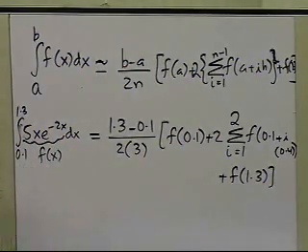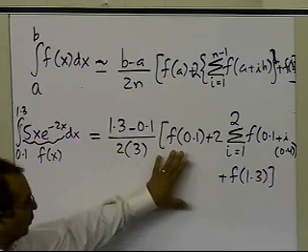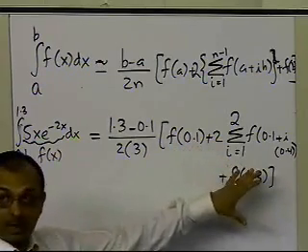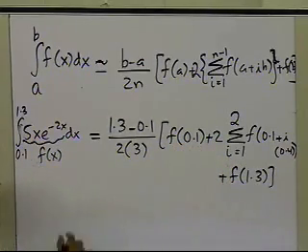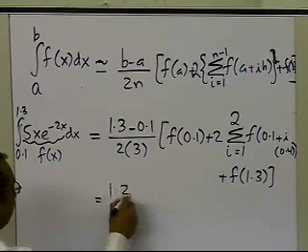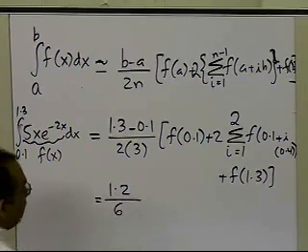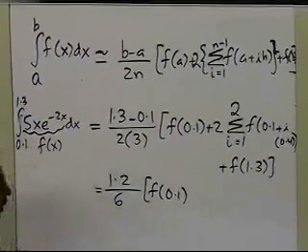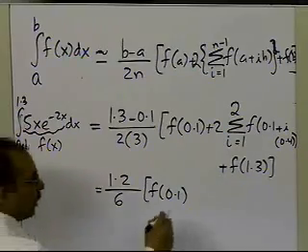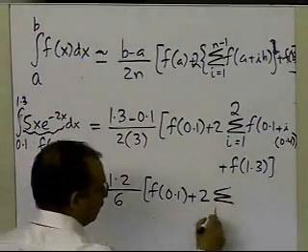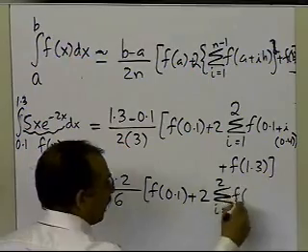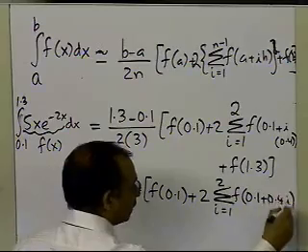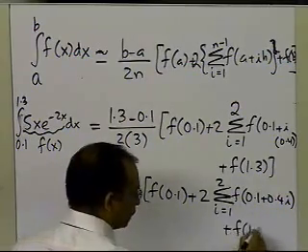So what you have to understand is that when you apply the multiple segment trapezoidal rule, you have to calculate what the arguments of the functions are. You get 1.2 divided by 6 times the value of the function at 0.1. I'm deliberately showing you the intermediate steps so that you understand what's going on. Plus 2 times the summation i equal to 1 to 2 of the value of the function at 0.1 plus 0.4 i, plus the value of the function at 1.3.